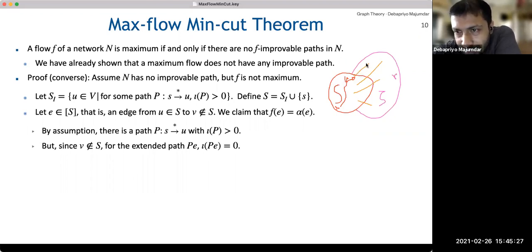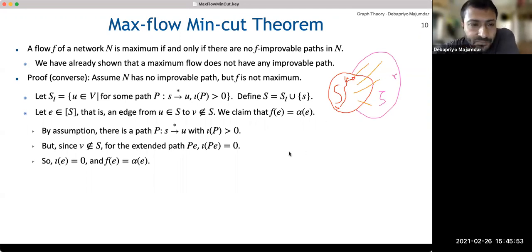So the iota of this vertex must be 0. So this edge must be 0. So then iota of E must be 0, and then Fe has to be alpha of E. Okay. So if E is an edge like this, that the first endpoint is in S and the other endpoint is in S bar, then it has to be full capacity.